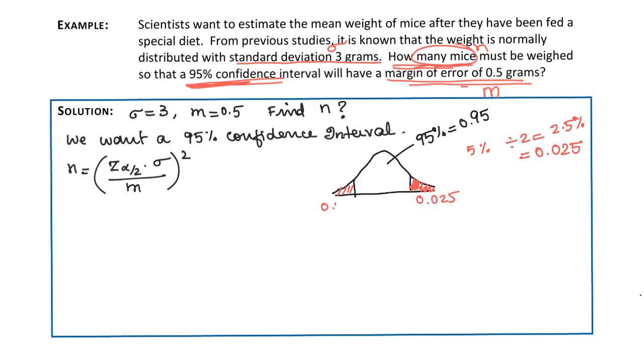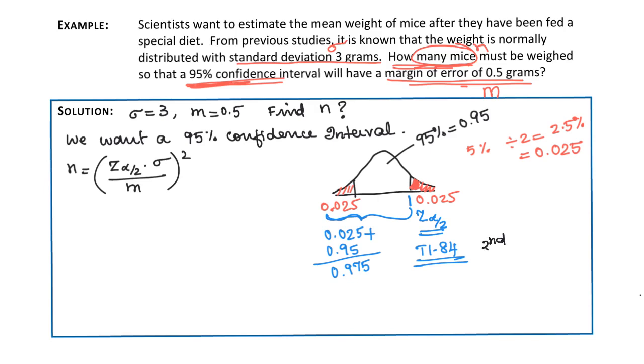So this area is 0.025. So the area to the left of this z score, or the critical value z alpha over 2, is 0.025 plus 0.95, that is 0.975.